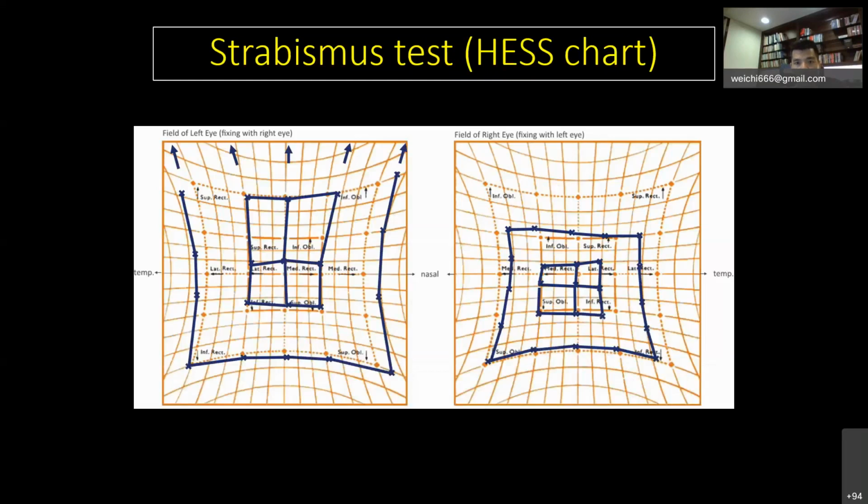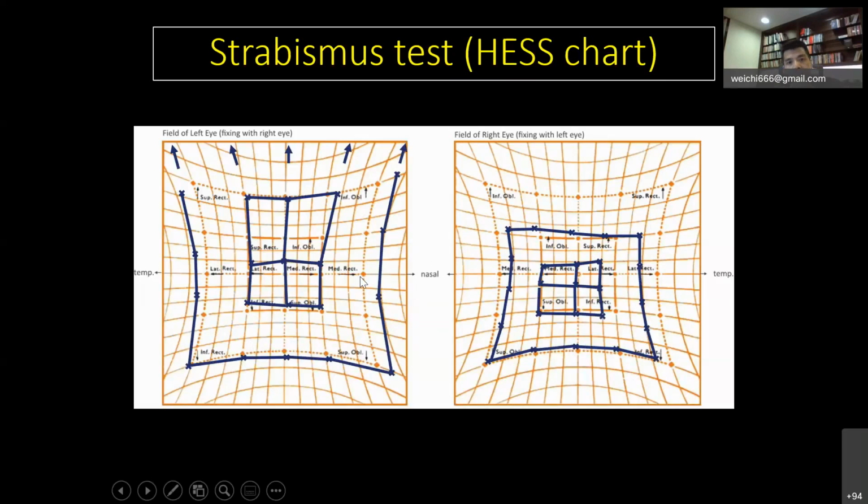And also you have a chart, so you could ask the patient to draw these lines. Then you could compare the outcome from the right eye and from the left eye.